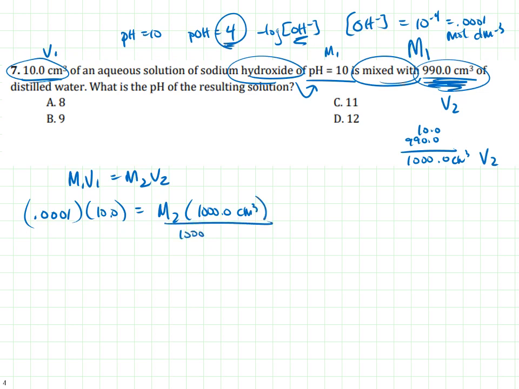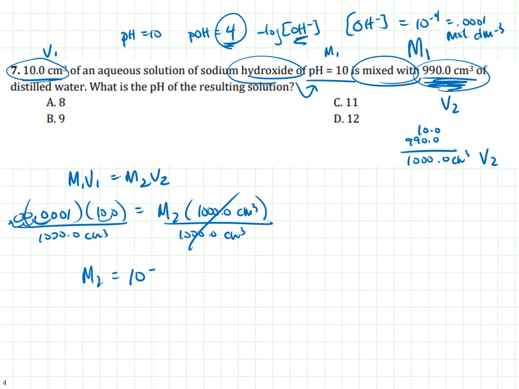Divide both sides by 1,000. And we're going to get M2 is equal to 10 to the minus... this 10 is going to make that exponent move that way, but then I've got 1, 2, 3 zeros on the bottom, so 1, 2, 3 that way.